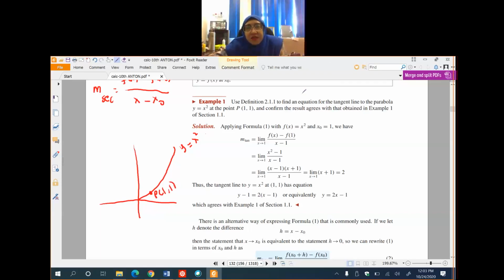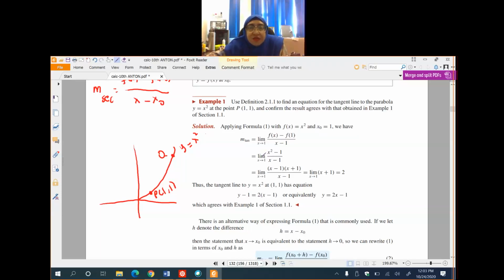Then we have Q somewhere maybe over here, and it will move towards this point P. We want to apply the previous formula. M tangent is the slope of the tangent: limit x tends to 1, because our x naught is equal to 1, of f of x minus f of 1, divided by x minus 1.